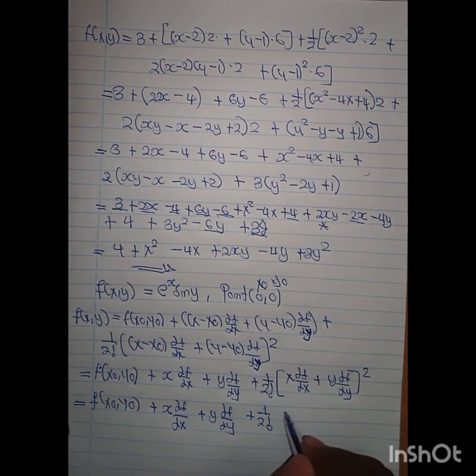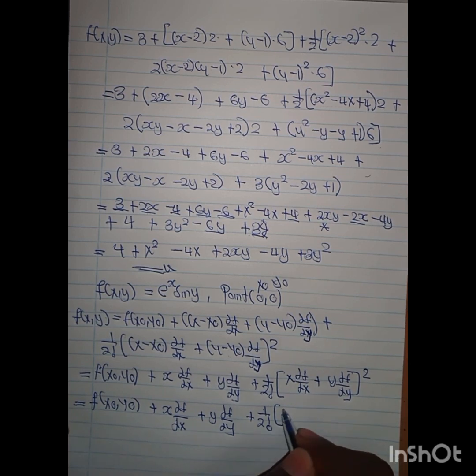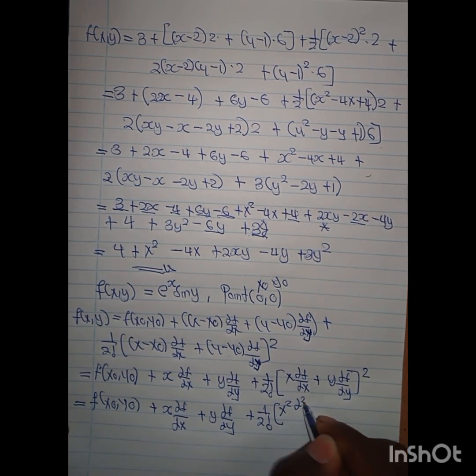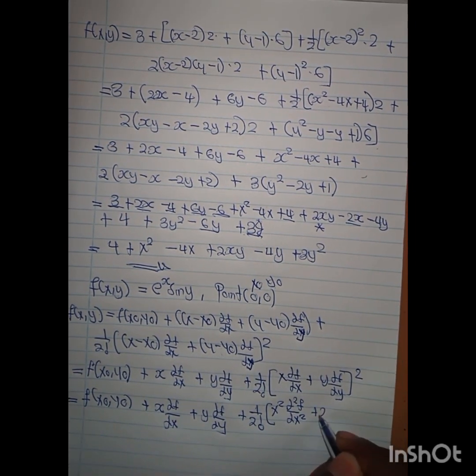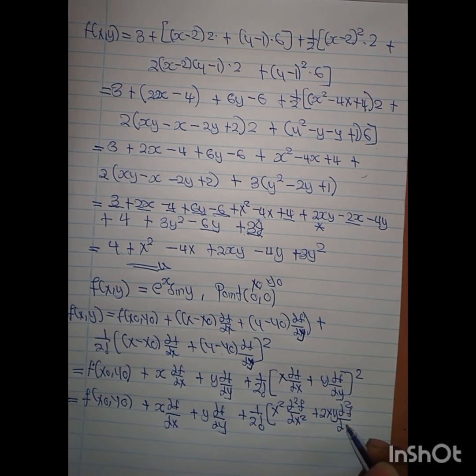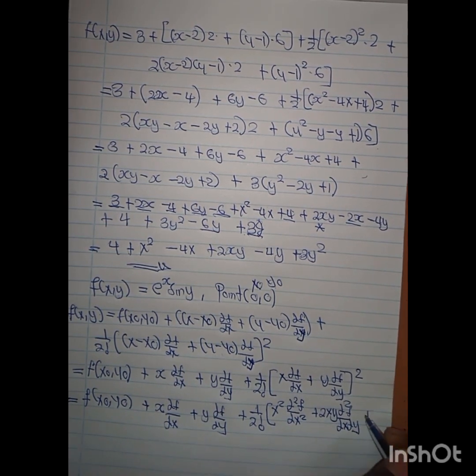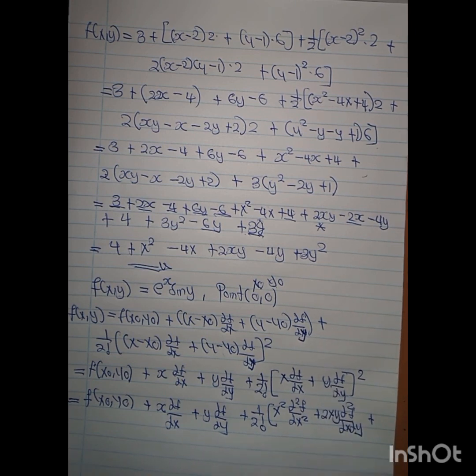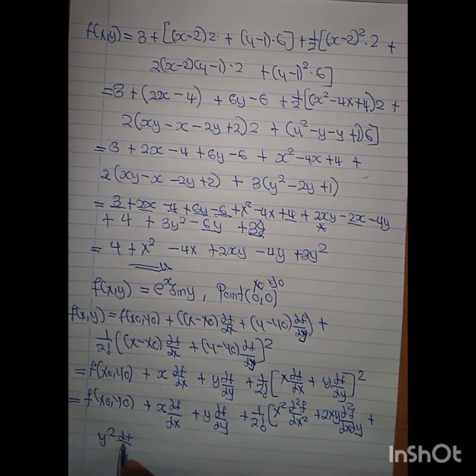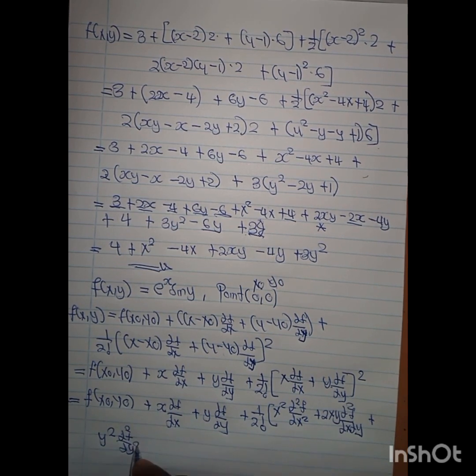Because of the square, we're going to multiply x by x, which will lead us to x squared d squared f over dx squared, like that, then plus 2xy d squared f over dx dy, plus, then we multiply this term by the same term, we must get y squared d squared f over dy squared.